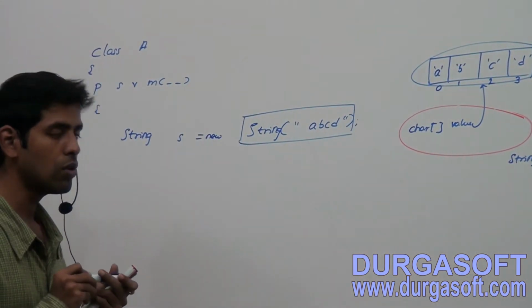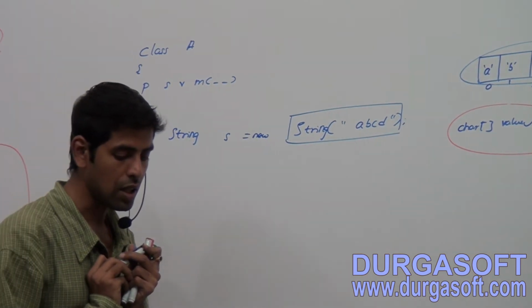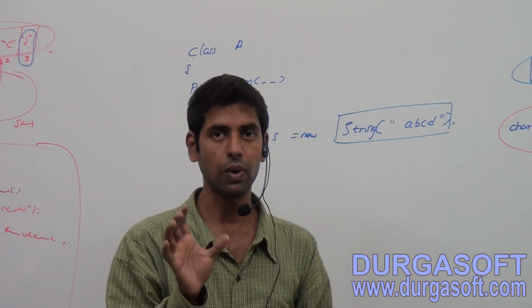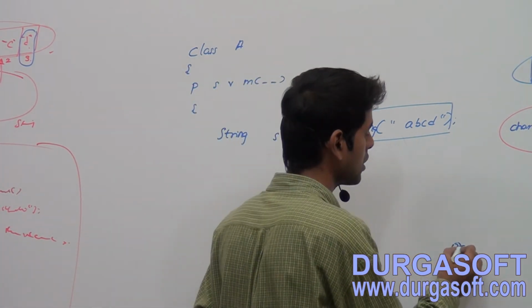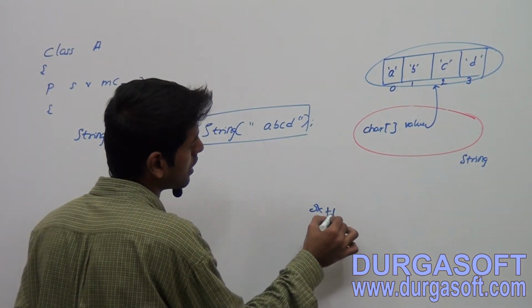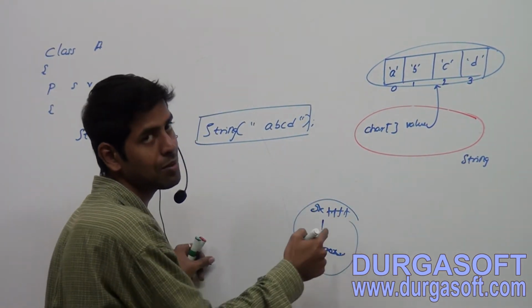Now we all know one thing: each and every object in Java will have a valid address. The range is from 0x00 to 0xFFF, hexadecimal.